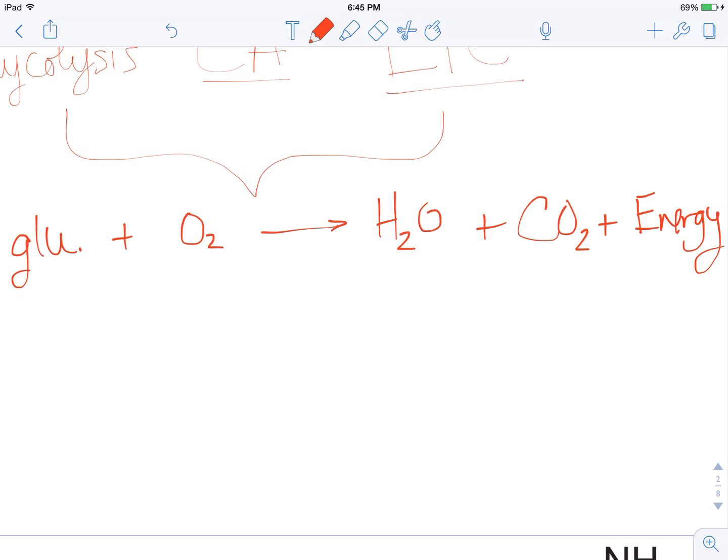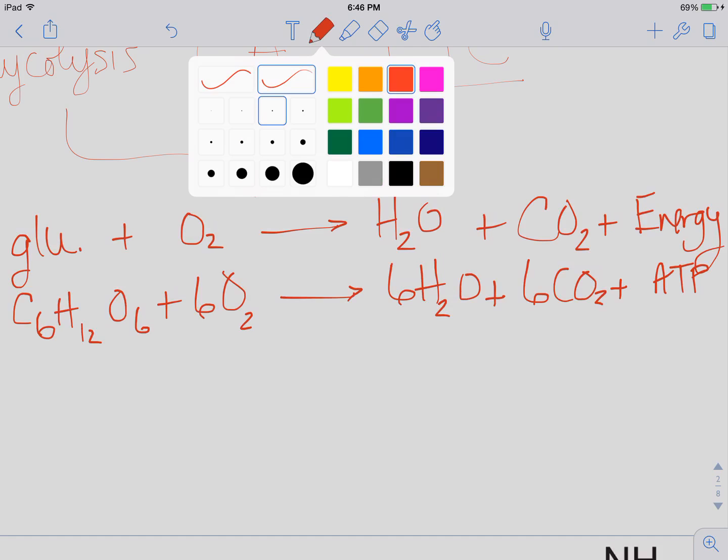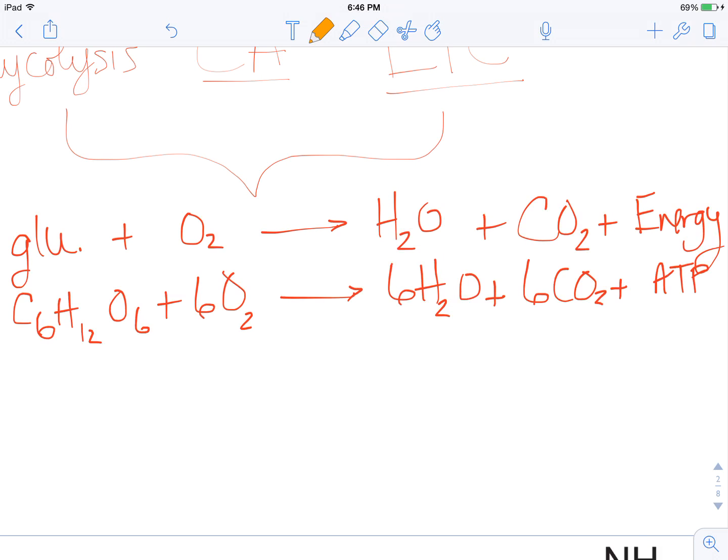So we have C6H12O6, that's glucose, plus 6O2, giving us 6H2O, plus 6CO2, plus ATP. Now, sometimes, or most of the time, we say we have 36 ATP.